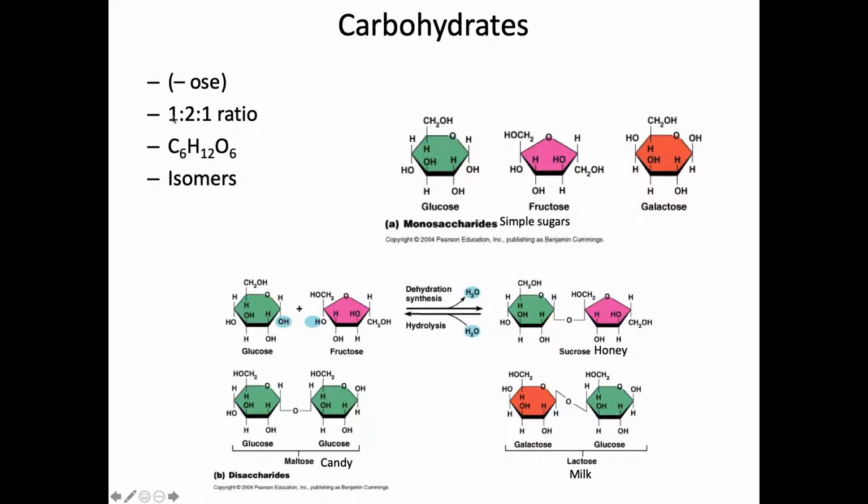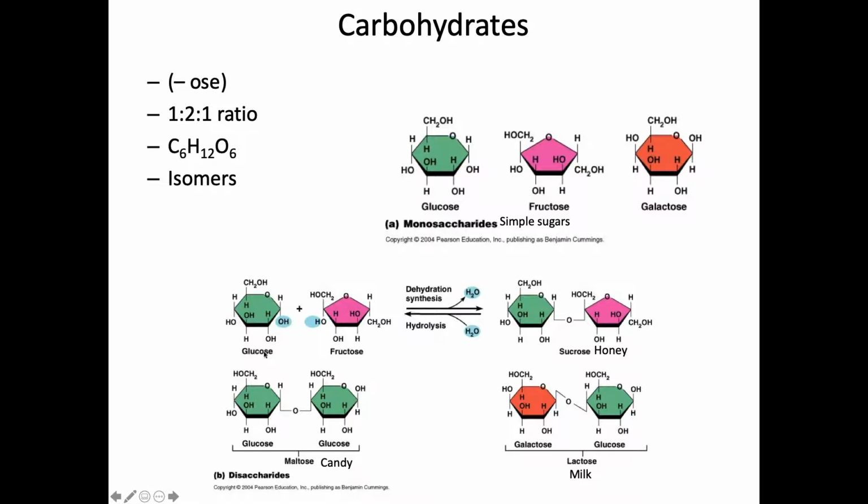So factors of 1, factors of 2, factors of 1. So here, can you see how this chemical formula for glucose is a 1 to 2 to 1 ratio? And we've already stated that these simple sugars are isomers of each other because they have the same chemical formula.